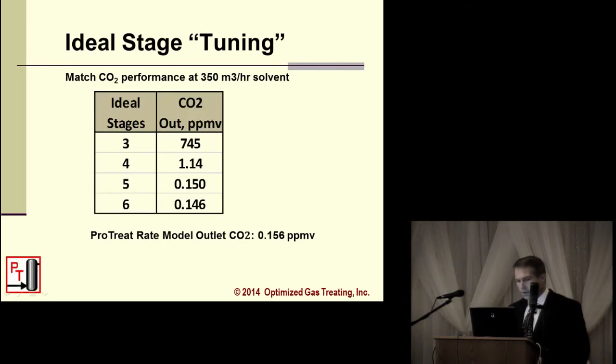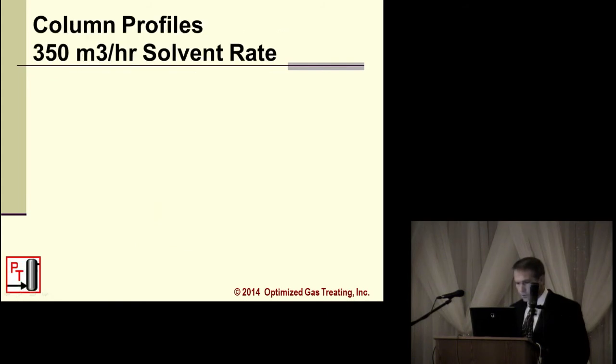If I look at how many ideal stages it would take to get less than about 0.15 or so CO2, the closest representation is 5 stages, which isn't too bad. We can't round to fractional stages. So I took this for our example and said, let's look at 5 stages and how the performance compares to the rate model.